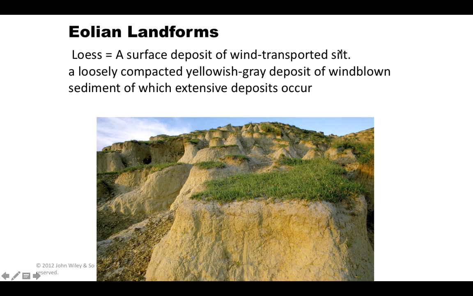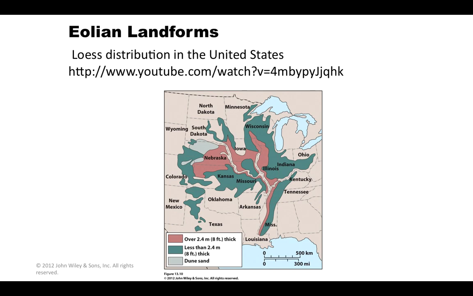So you've got a mineral content that is going to be more conducive to growing plants and growing a variety of plants. With loess, you get a loosely compacted, yellowish gray deposit of silt and sand, and it can lead to a differently fertile type of soil. So there's a loess plateau, for example, in Mongolia, and then we have loess distribution here.